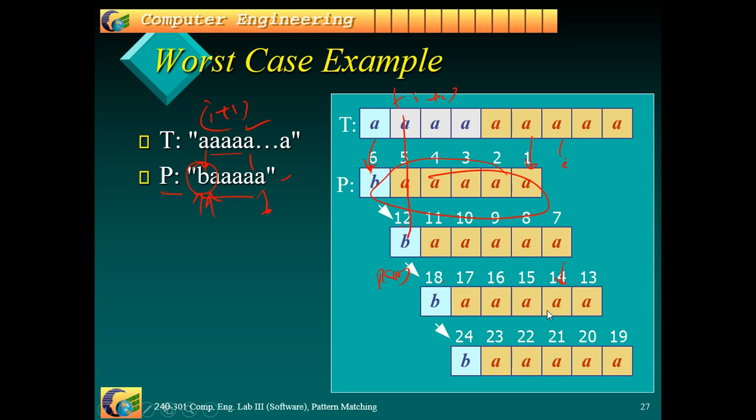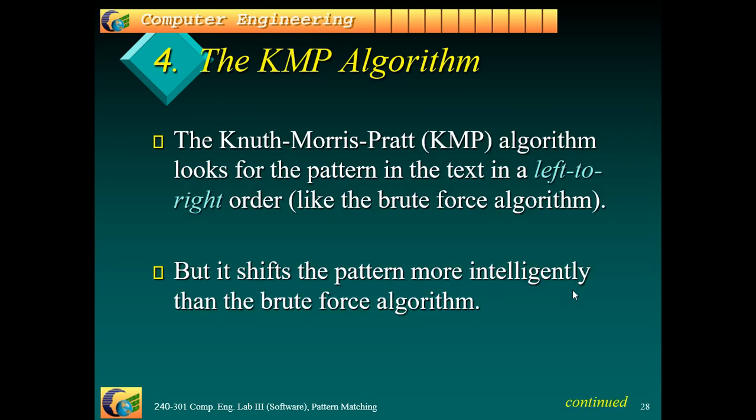So that makes you do about n times m comparisons, which is the worst case scenario of Boyer-Moore, equivalent to brute force, but it is significantly better when you are searching in an alphabet text, as we have derived from what we have discussed.